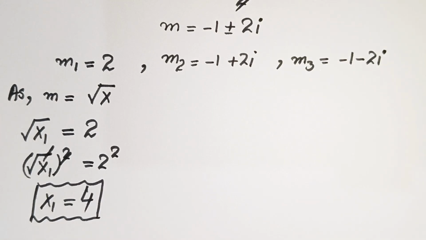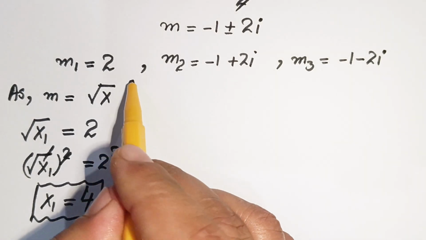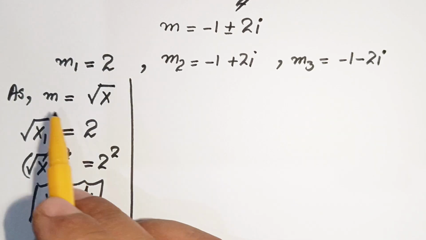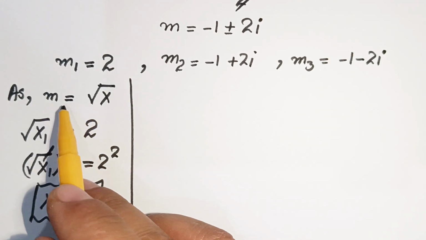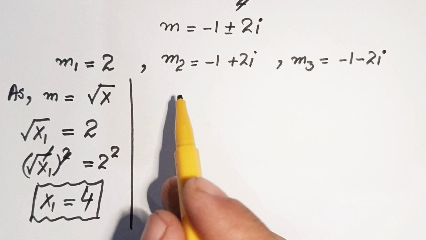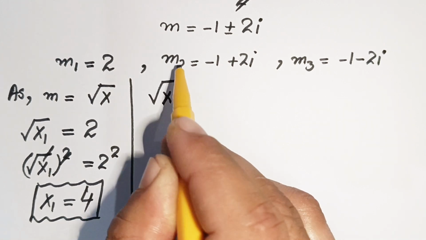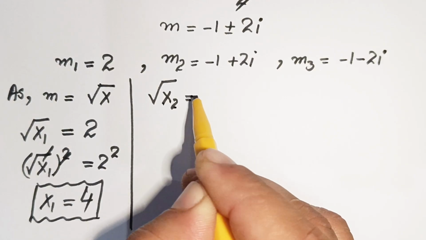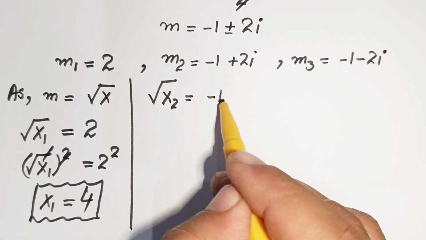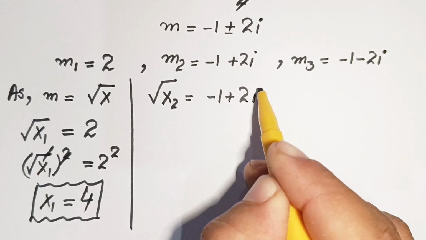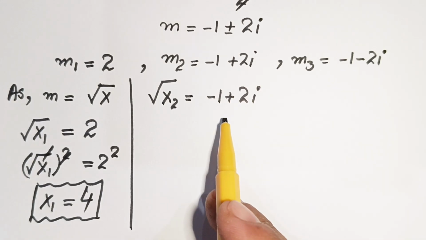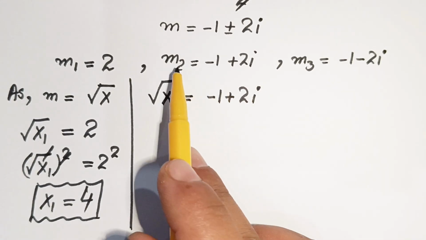Now finding the value of x2. Again using the supposition that m is equal to square root of x, we get square root of x2 is equal to minus 1 plus 2i, that is m2.